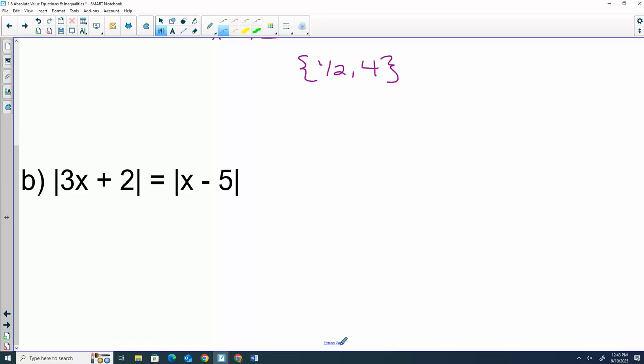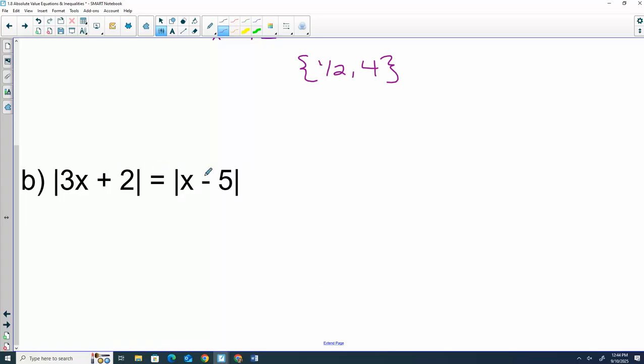Okay, so this one looks different because I have absolute values on both sides. What do you think I need to do? There's still really only two options.